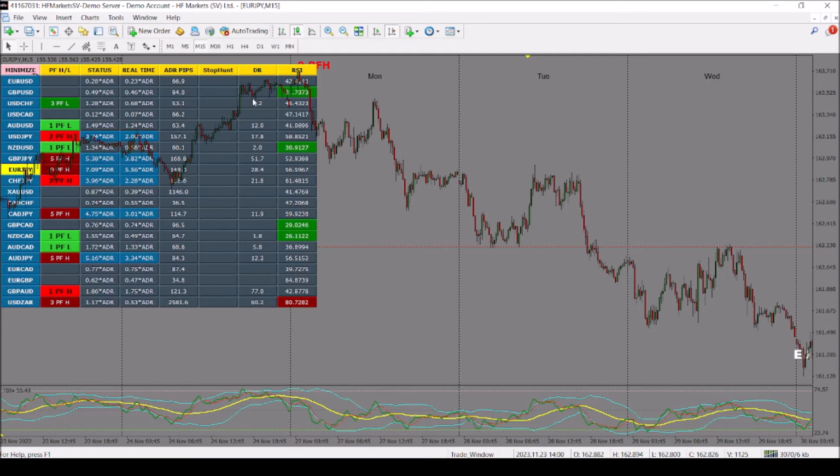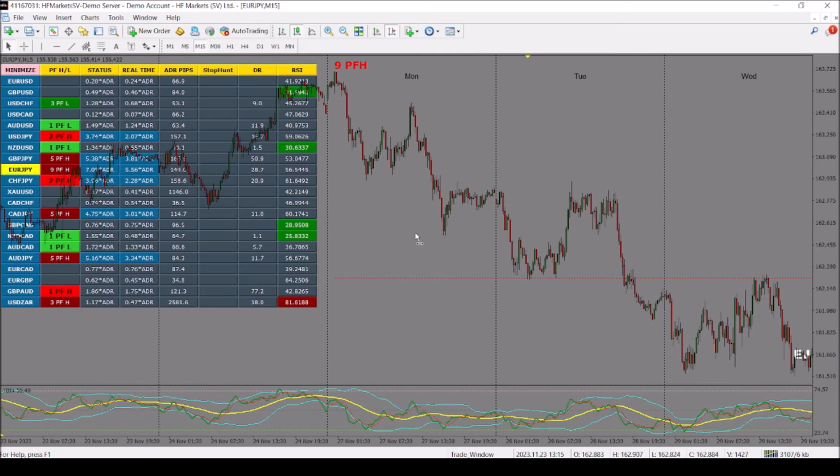All these others are of no use within our strategy. When it writes 3 PFL, it means it has given us a peak formation low 3 days ago, a peak formation low 1 day ago, and so forth. On Euro JPY, it's saying 9 PFH, meaning that a peak formation high was issued 9 days ago.